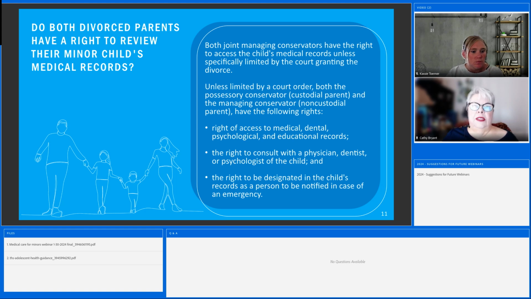And this, of course, is still a very hot topic with HIPAA as far as the right to access medical records. And in the case of minors, that would extend to the parents or the custodians.